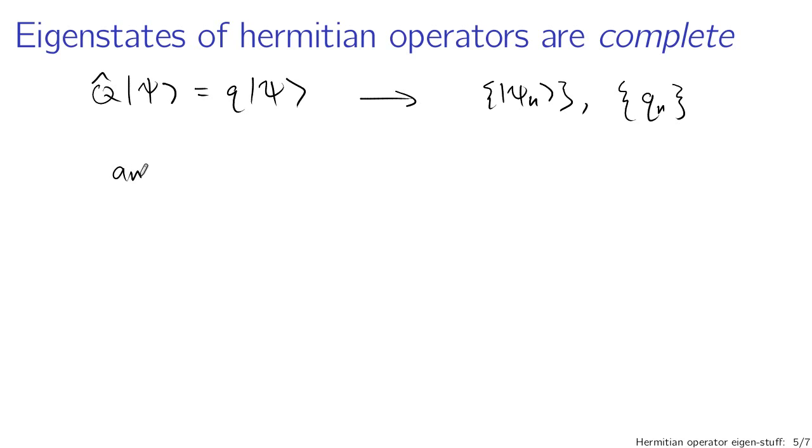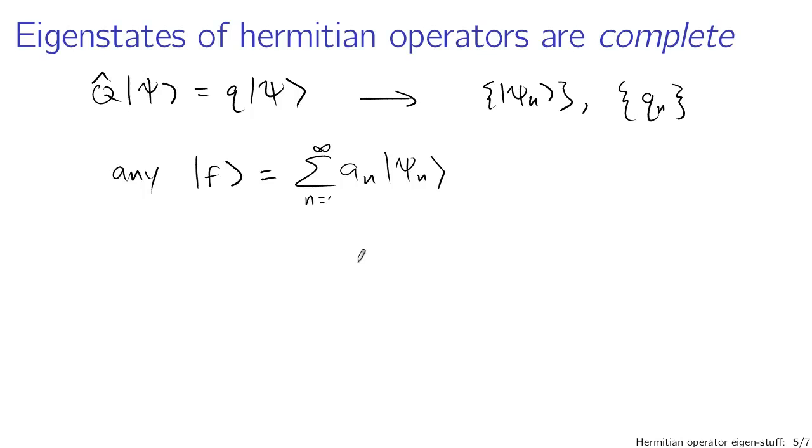And what that means is that any arbitrary state, let me call it f, can be written as a superposition, let's say n equals 1 to infinity here, of some coefficient a sub n multiplying psi n. So I can express any vector in my vector space as a superposition of this set of vectors. It forms a complete basis that spans any desired function that you would be interested in.